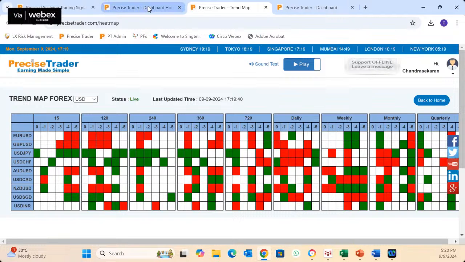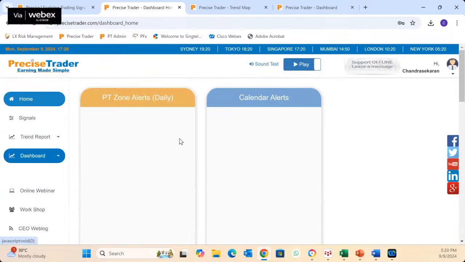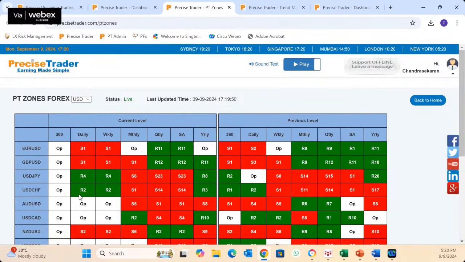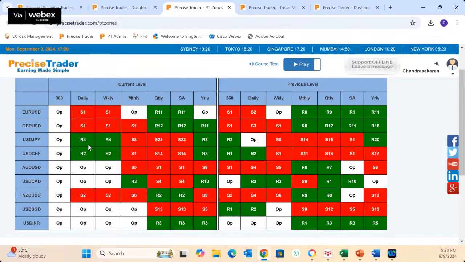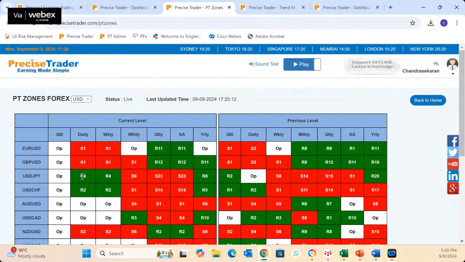Now the next thing is we use the PT zones also to check whether we are getting the same answer. In fact, we are getting the same answer on the daily. That means euro is down, pound is down, dollar yen is trading at R4, and dollar Swiss is at R2, and New Zealand as well. So when you look at this, I think the weakest currency right now is dollar yen, because dollar yen is trading in zone 4.